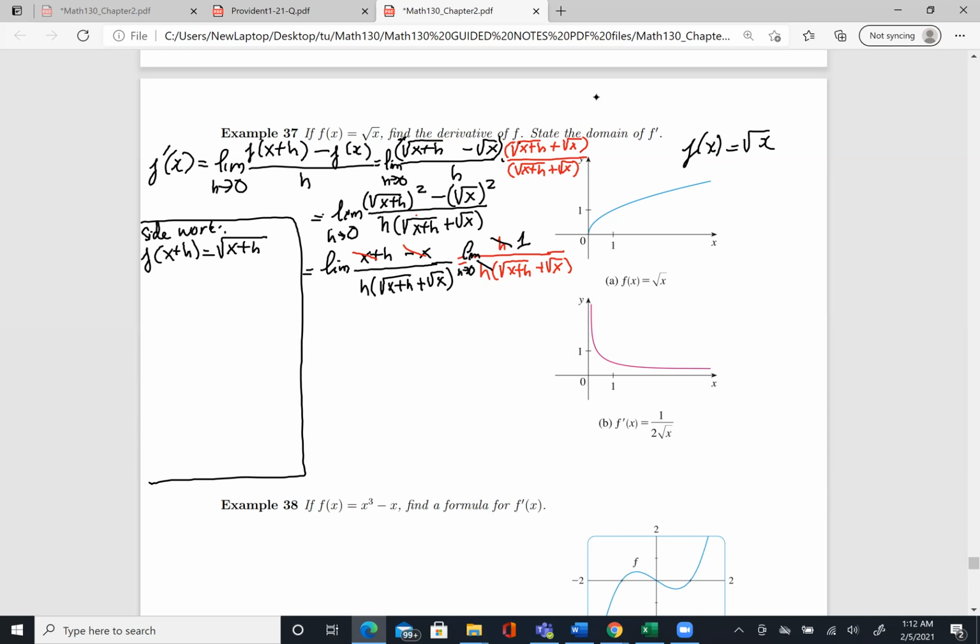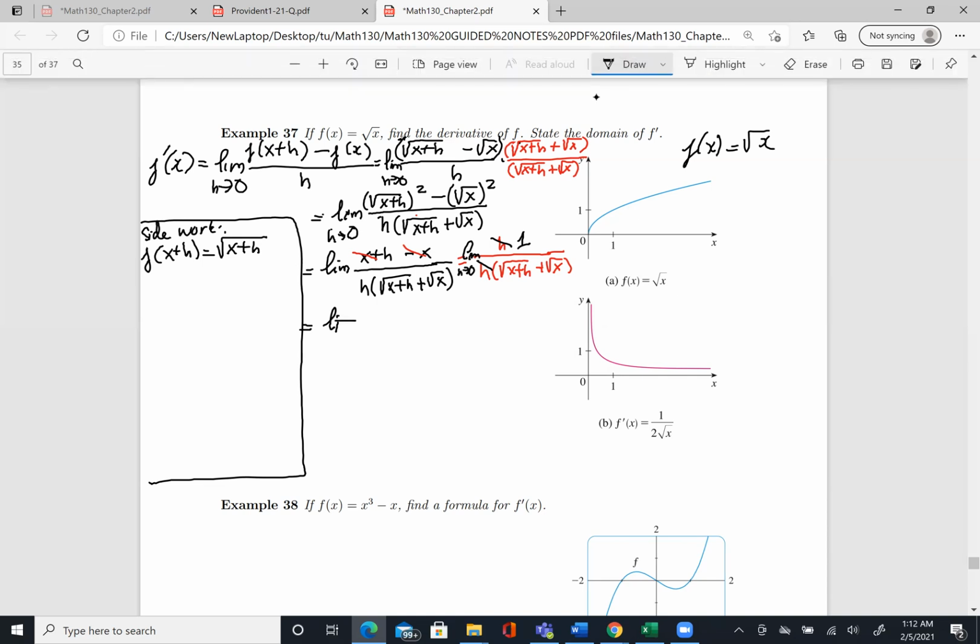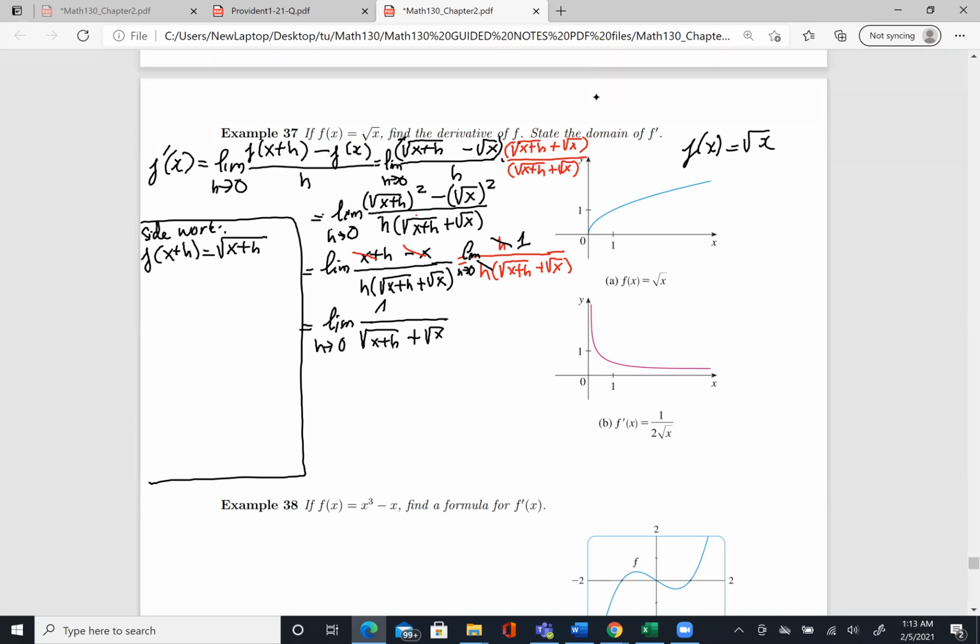So now you're going to have the limit of 1 divided by square root of x plus h plus square root of x, for h going to 0. Okay, time to directly substitute, right?